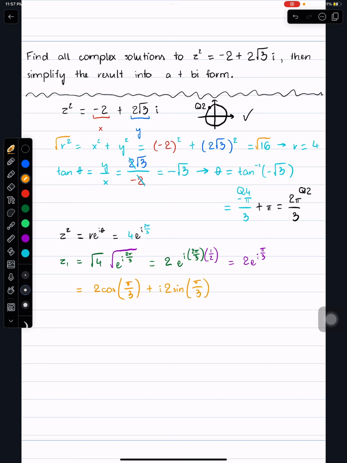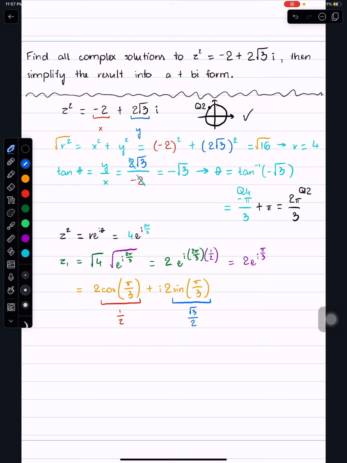And then in this step, you're going to look into the unit circle, right? So cosine of 60 degrees, of pi over 3, would be a half. And sine of pi over 3, or sine of 60 degrees, would be square root of 3 over 2.